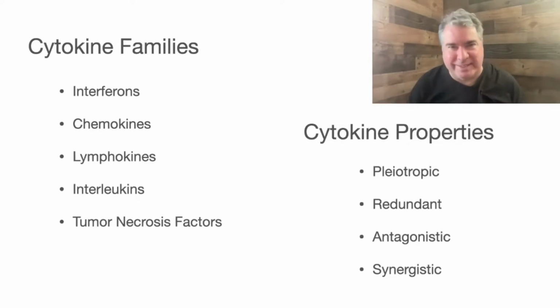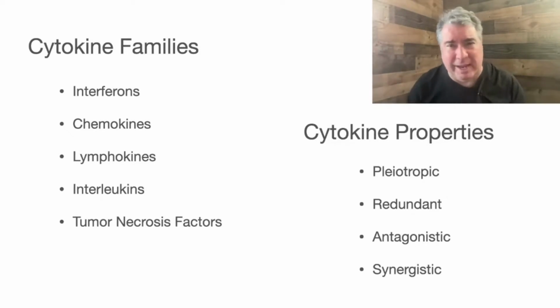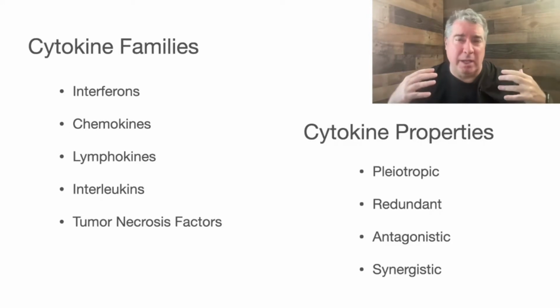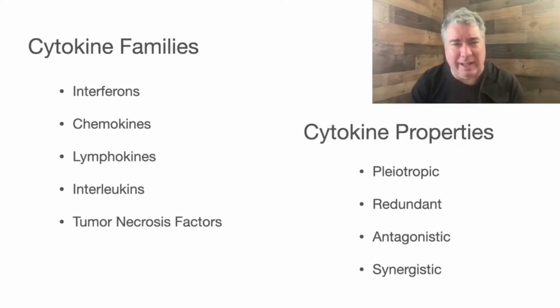Even if I don't know exactly how, I know that it's immune modulatory to some degree, either pro or as an antagonist. Cytokines have several families of molecules: interferons, chemokines, lymphokines, interleukins, and tumor necrosis factors are largely the five.